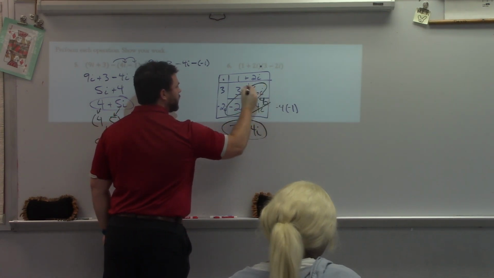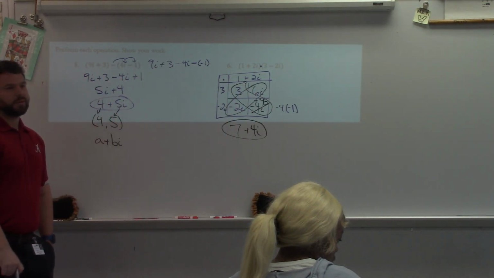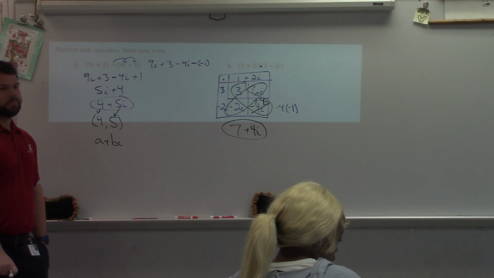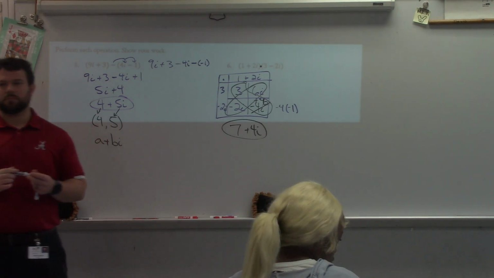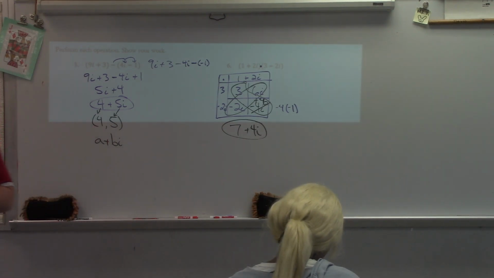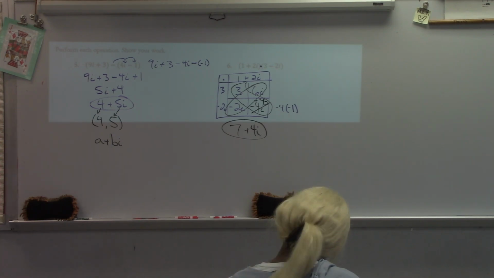Right, so we got like terms here, like terms there. That's the answer that we would have wanted. So remember, use that area model to help you distribute. Now I will say, you don't have to, but it is really powerful and really helpful long term.